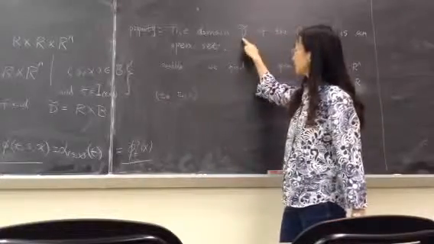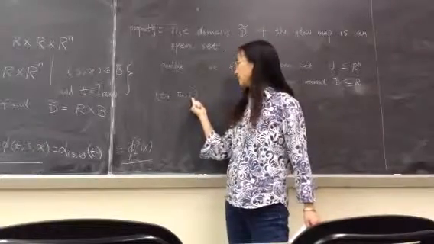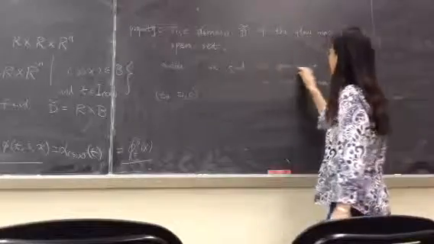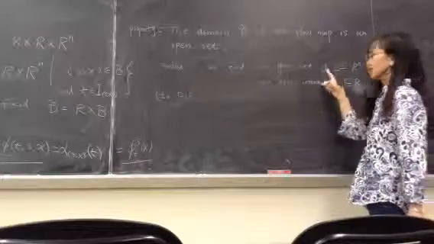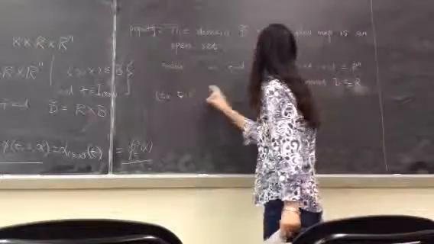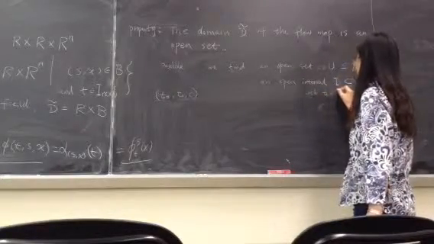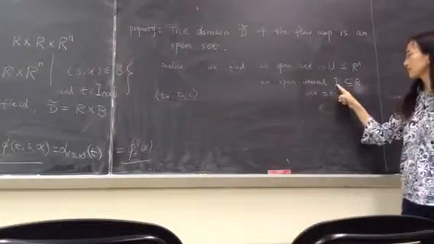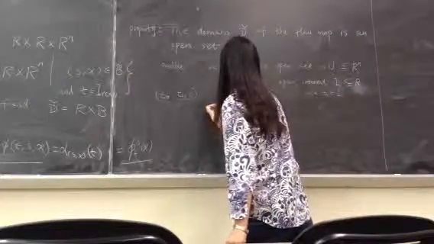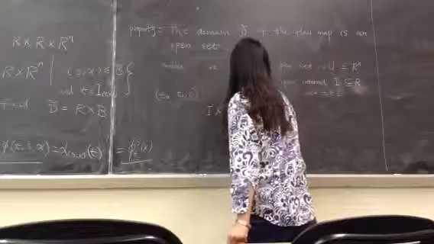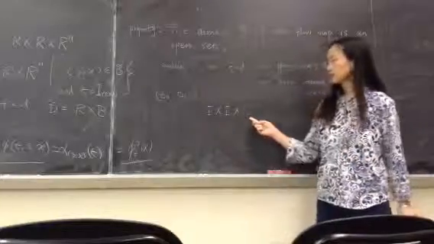Because this is open, you can find an open set including C. So we can find an open set U with C as an element of U, and also an open interval with t0 as an element of this interval I, which is in R. So then we can construct this set.